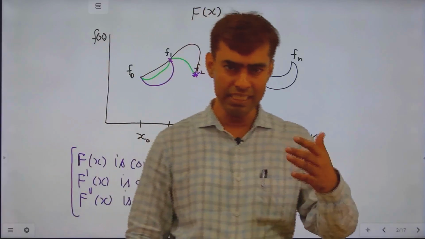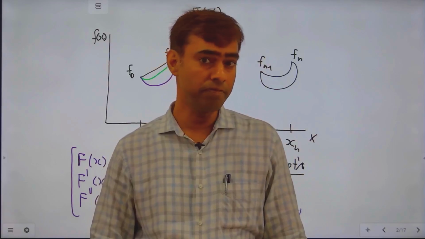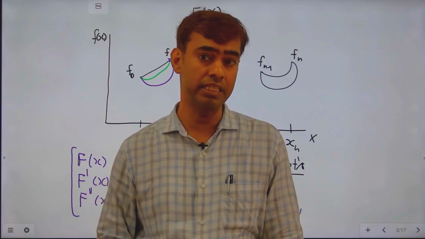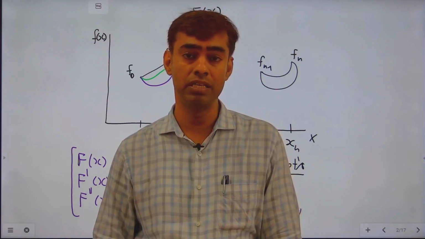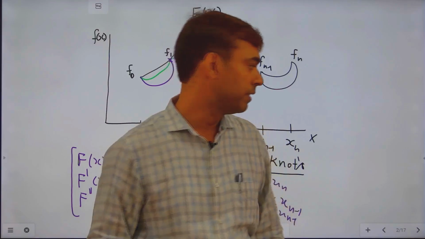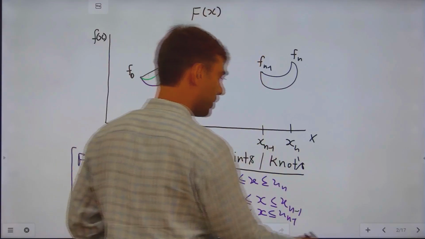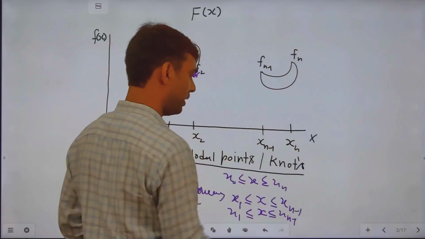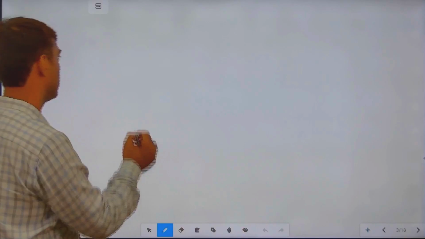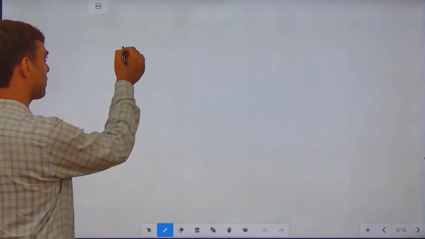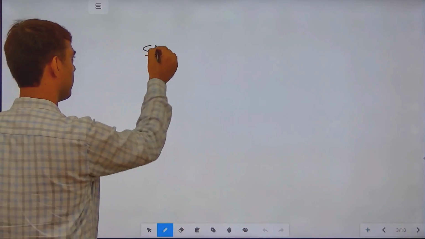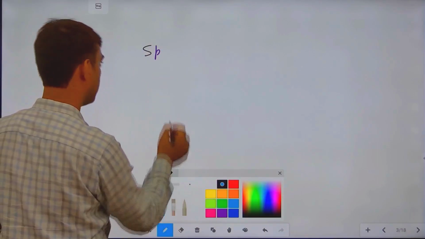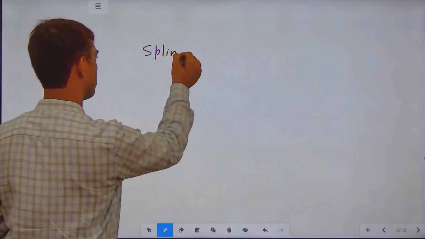So basically these three types of spline interpolation are more popular, and among these, cubic spline interpolation is the most popular. If we categorize spline interpolation, there are three types.